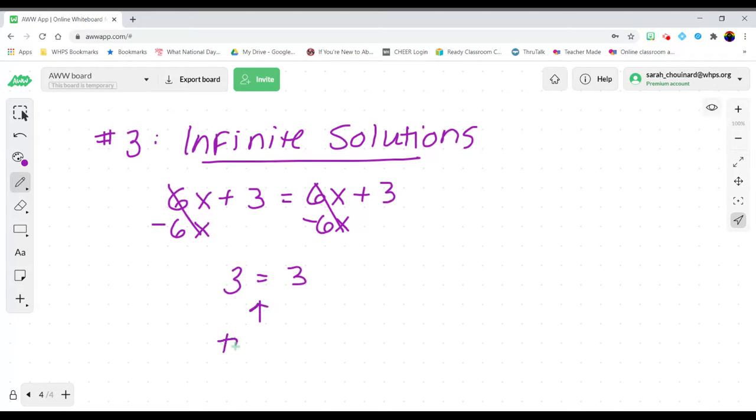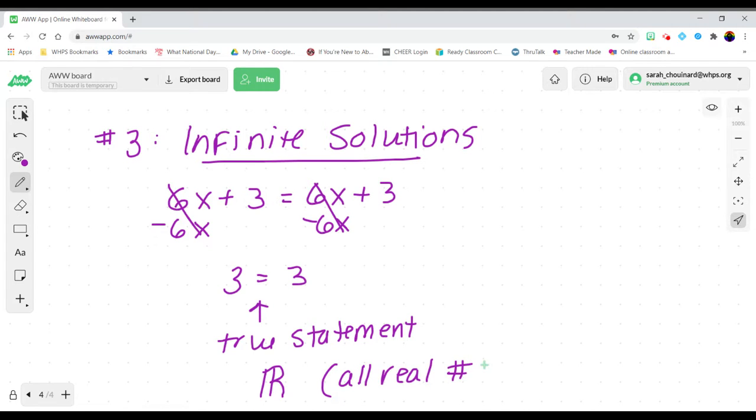This is always true, unlike the last one. So on our paper, we would write this symbol, 2 lines, and then make an R off of it. This is called all real numbers. We're going to talk about this symbol a lot this year, but for now, just know that it means every single number is a solution. It means that there's infinitely many solutions.